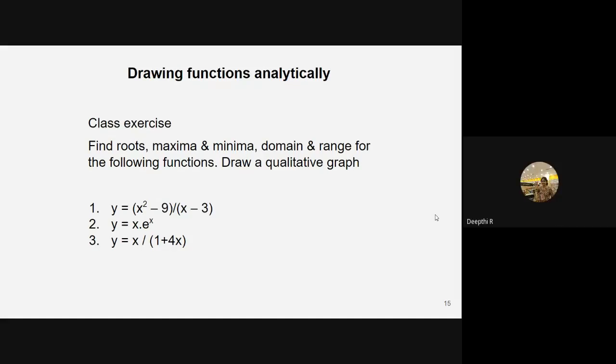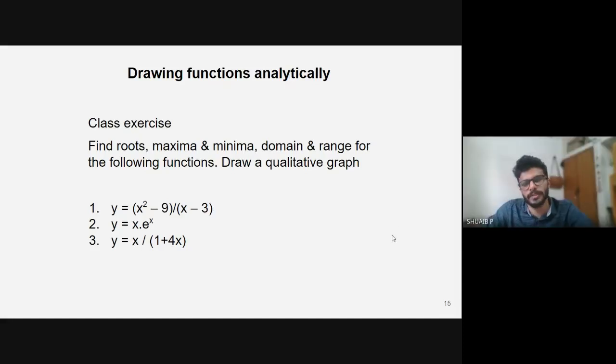What would be the discussion for tomorrow? We'll discuss which common function types will be present in ecological systems, and how we can graphically represent them.